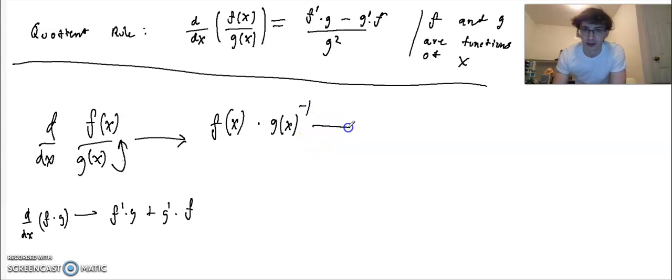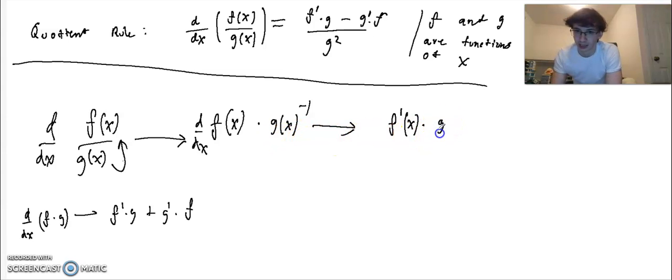But if we're finding the derivative, we can just do the product rule. So f prime times g, well, that's just going to be f prime of x times g, and g is just to the negative 1 power, because it would be in the denominator, plus g prime times f.